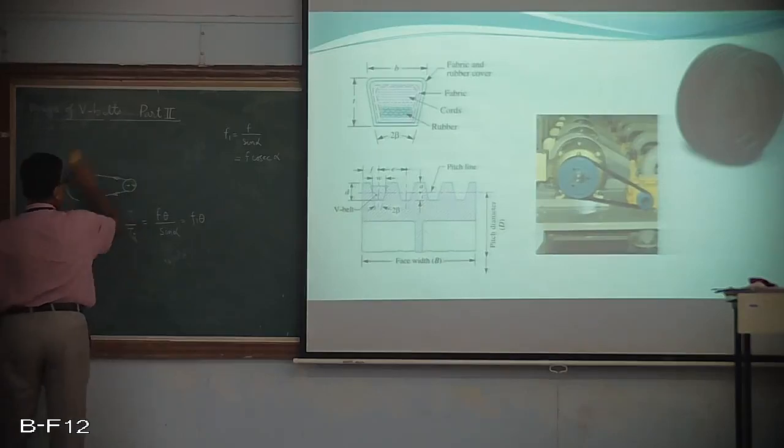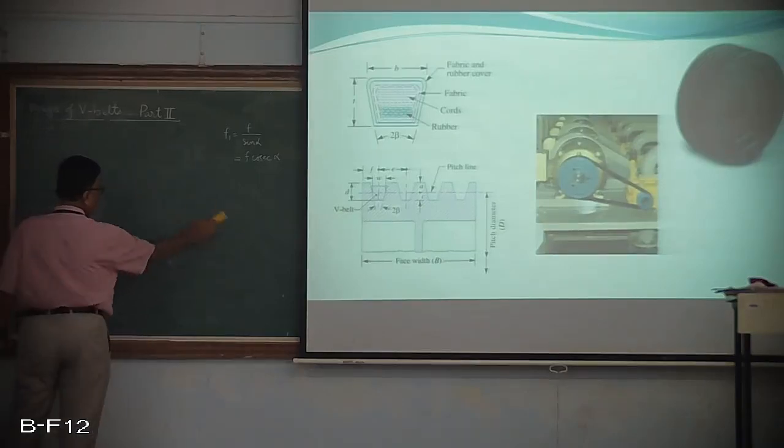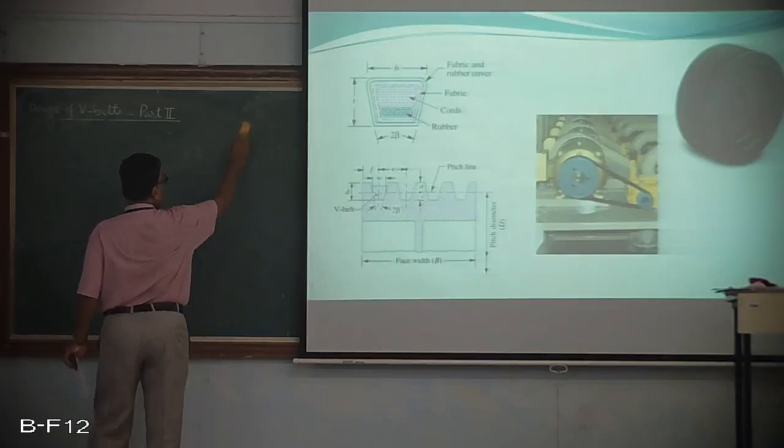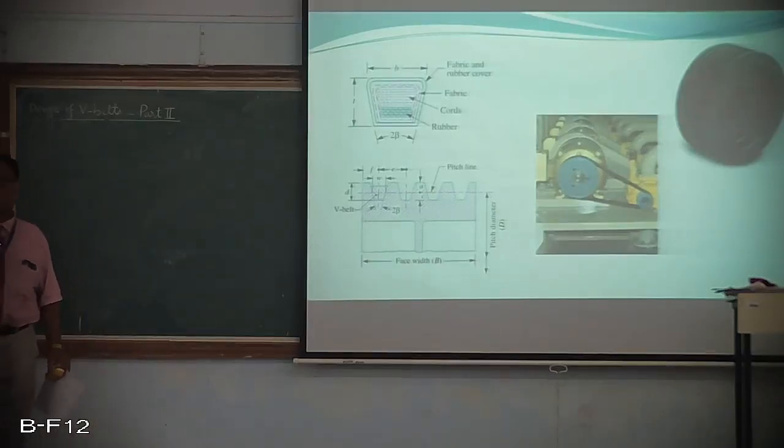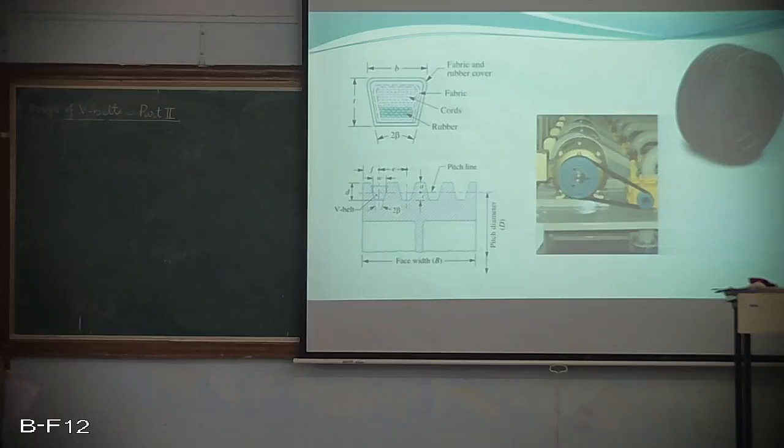In yesterday's lecture, I was telling you that once you have selected the standard length from the catalog, we need to correct the center distance again, because the initial center distance you started with will not be correct. With the given diameters and a given center distance, the calculated length of the belt is not standard.